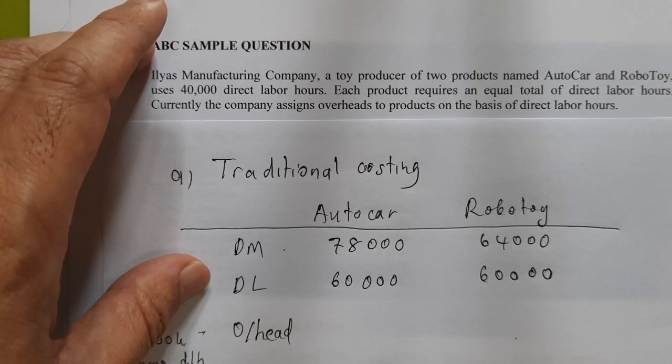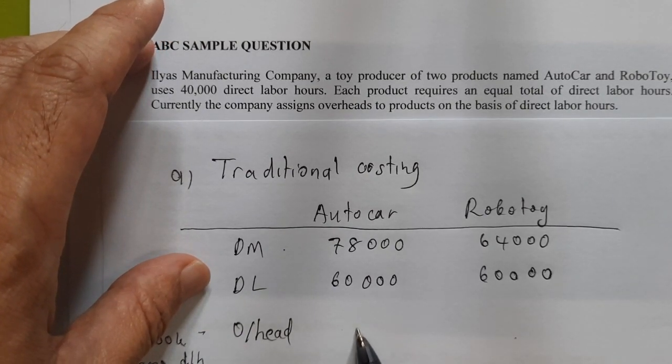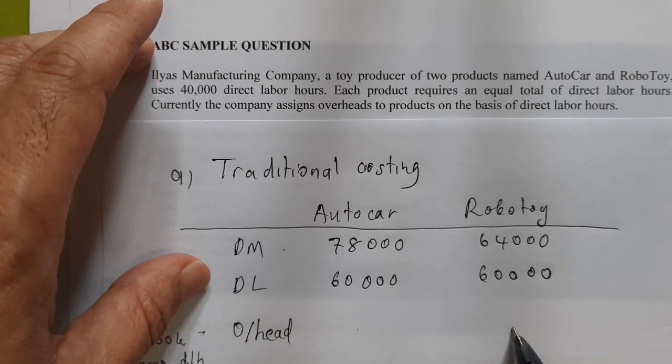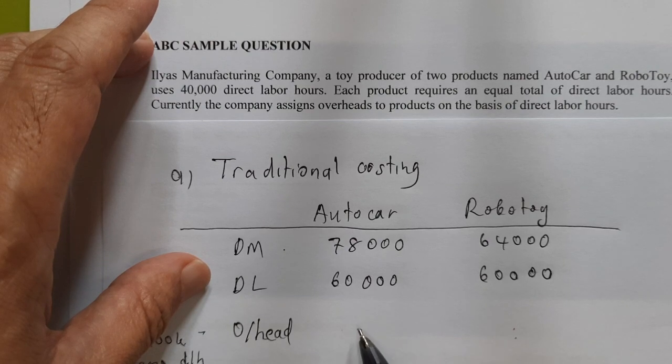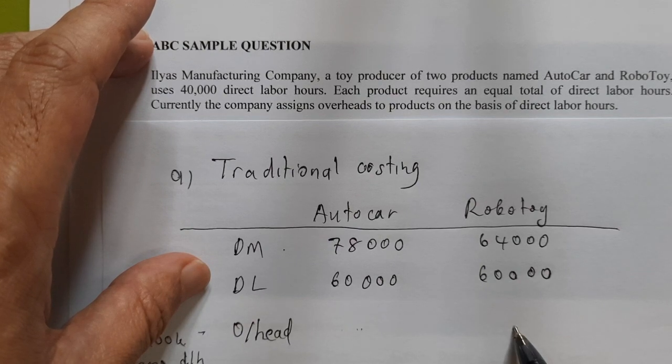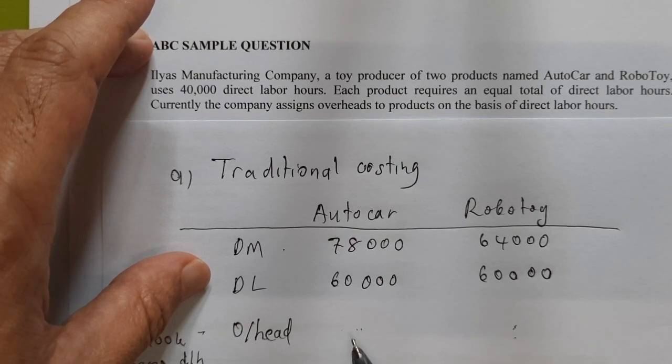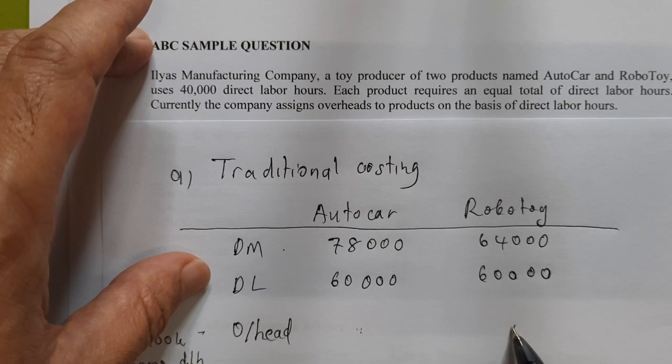So it means that labor hours here equal the labor hours here. So when the direct labor hours here is equal to the direct labor hours here, it means that the overhead cost here is equal to the overhead cost here.